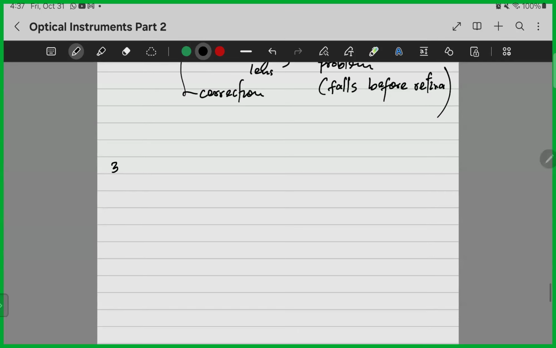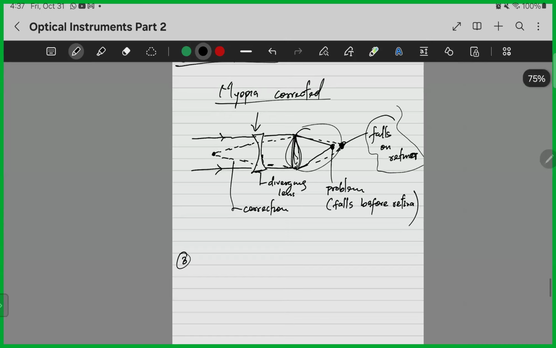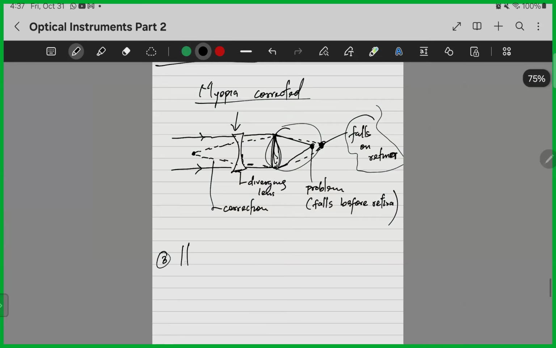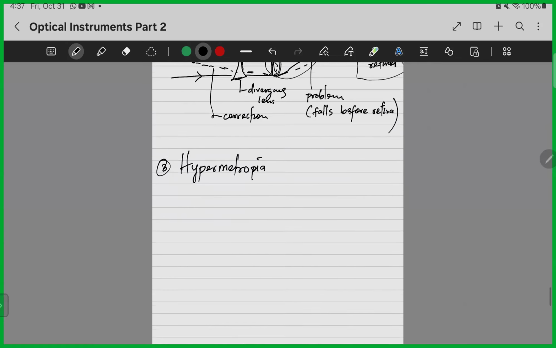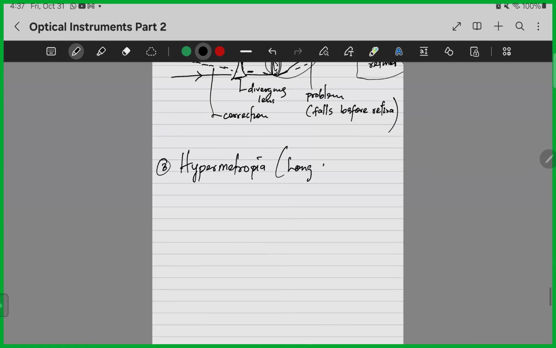Defect number 3 is what I will call hypermetropia, and that is otherwise called long-sightedness.